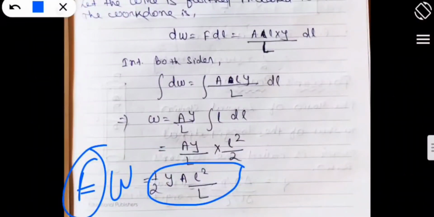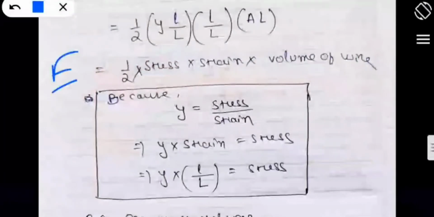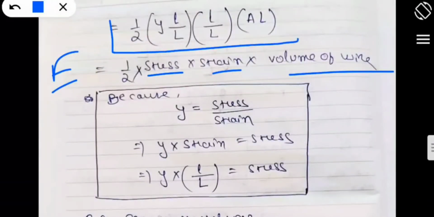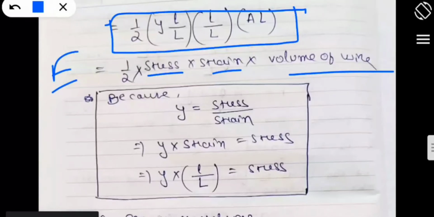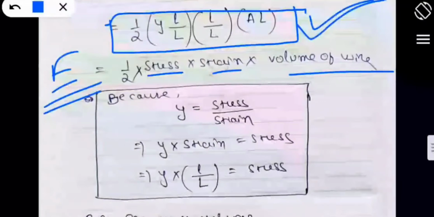No problem at all, because we need to find the relation between the energy and stress, strain and volume, that's why we have expressed this one in a different form. And after that we found the energy expression as half into stress into strain into volume of the wire.